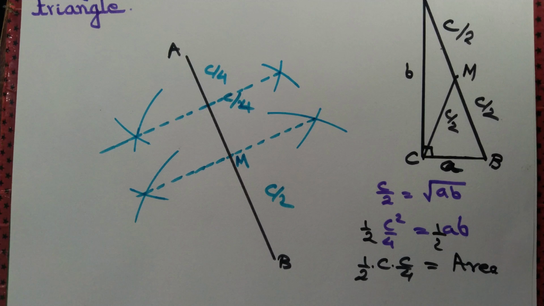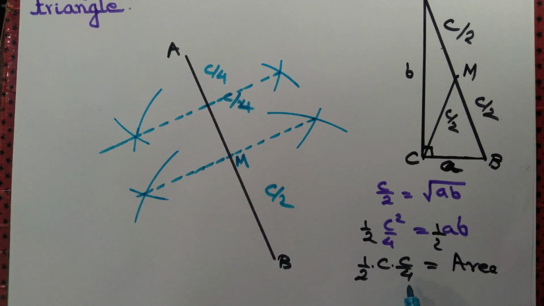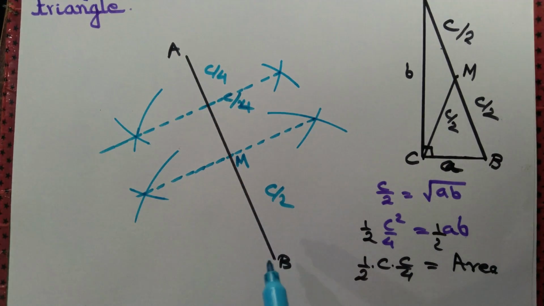Remember, we want to regard AB as the base and C by 4 as the altitude. We want area equal to 1 by 2 C times C by 4. Half base times altitude is the area. So let's copy and paste C by 4.